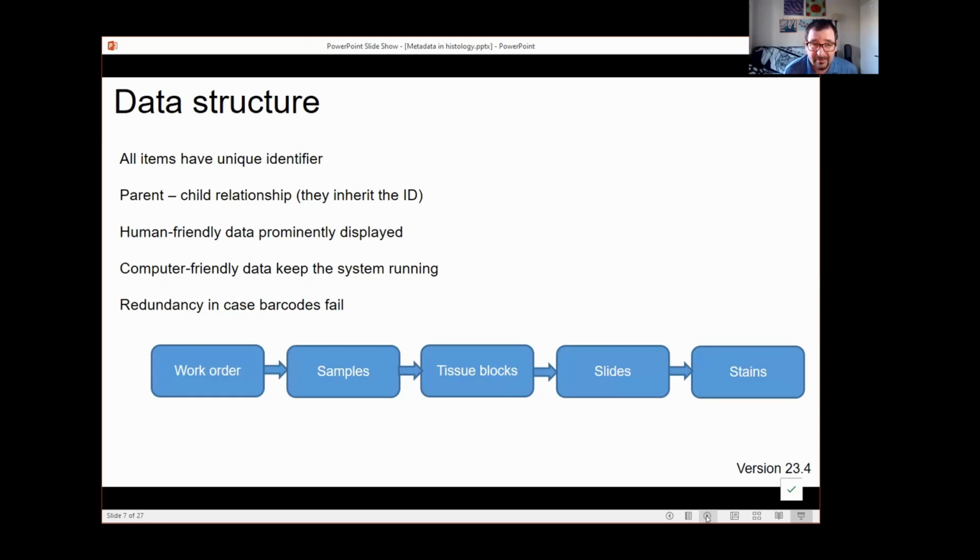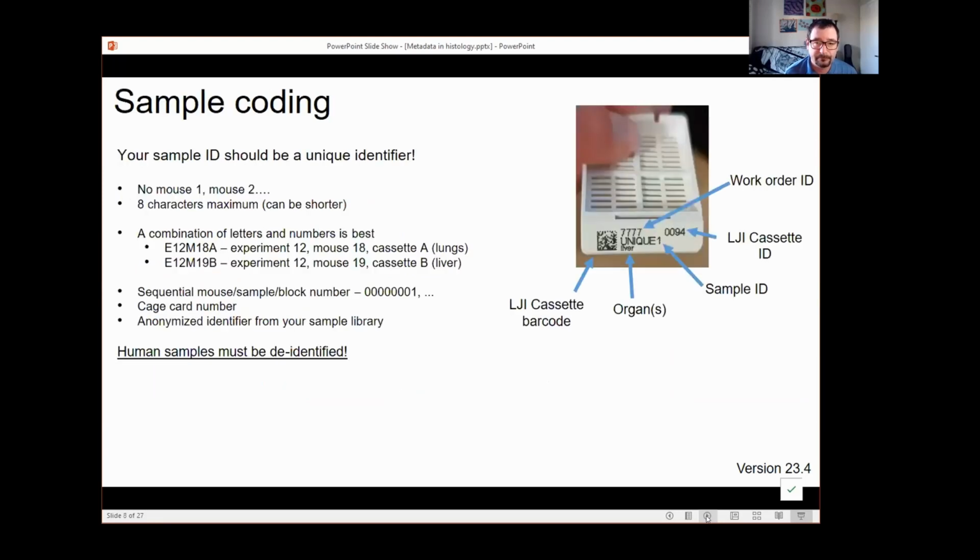It was very important for us to make sure that human-friendly data are very prominently displayed, so it's easy to read, and that computer-friendly data are organized in such a way that they allow the system to keep running. And we also wanted to build some redundancy in case the barcode fails.